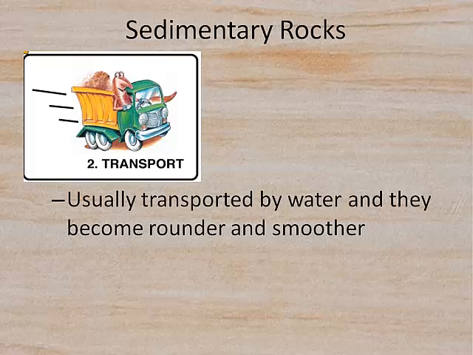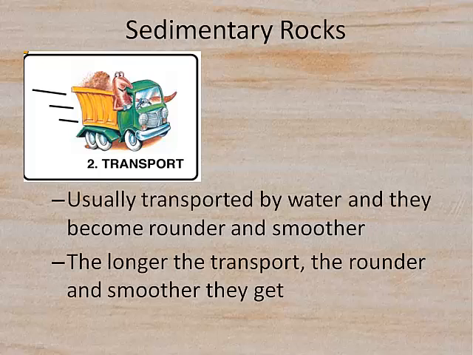And when water transports rocks, they become rounder and smoother the further they're transported. When rocks are being transported in a river or a stream, they bang together. And when they bang together, they knock off the sharp edges, and they get rounder and smoother. The longer they're transported, the rounder and smoother they get. It's one of the principles of understanding sedimentary rocks.